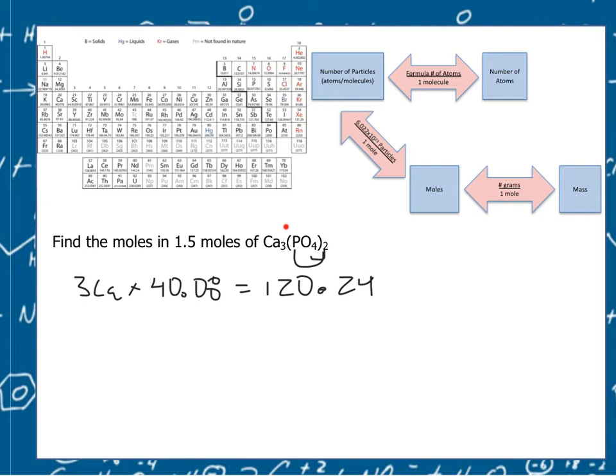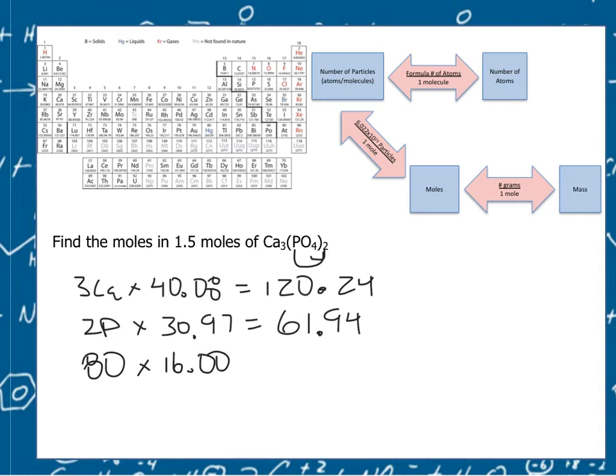I have 1 phosphorus inside times 2 outside, so I have 2 phosphorus times 30.97, 61.94, and I have 4 oxygens inside times 2 outside, I have 8 oxygens times 16.00 is 128.00.